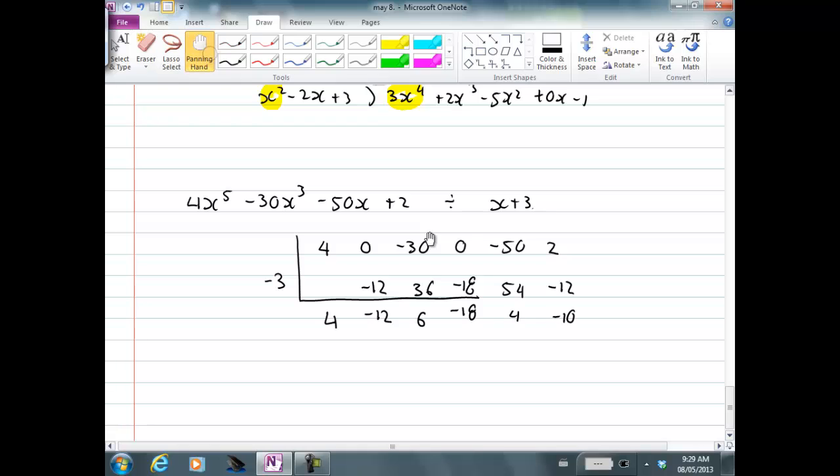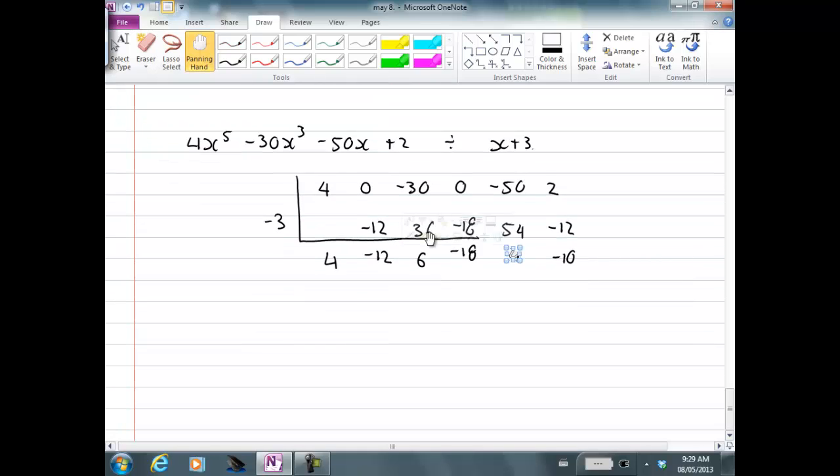Now, remember, each one of these represents your coefficient. And I like to start backwards. So if you were to rewrite those properly, you have 4x to the 4th minus 12x cubed plus 6x squared minus 18x plus 4 with a remainder of negative 10.